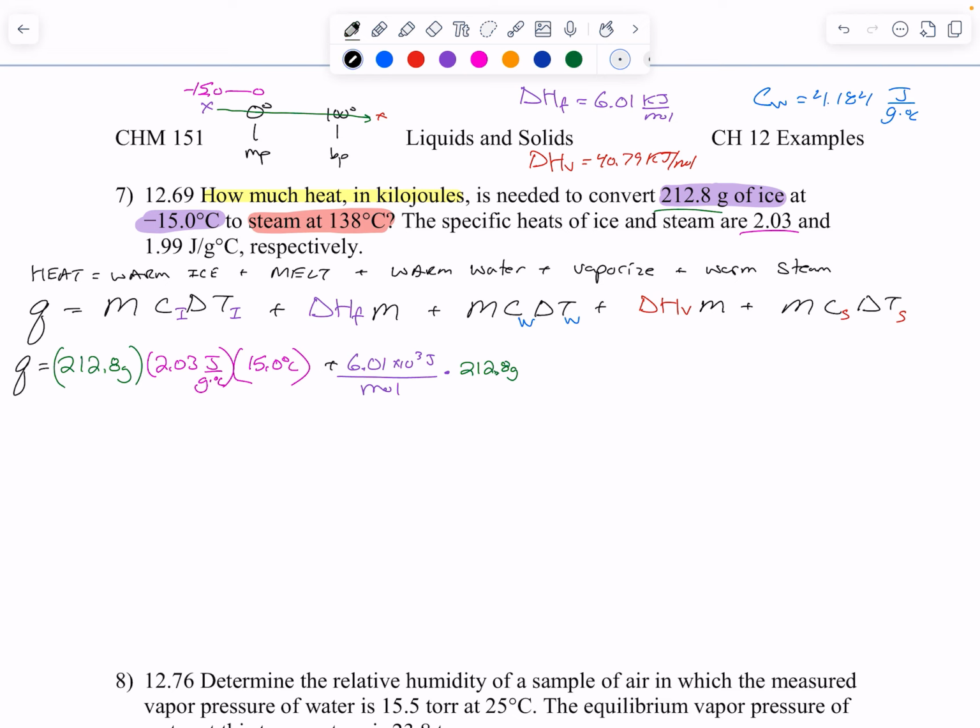I also have to multiply by 1 mole of H2O is 18.02 grams of H2O, because I've got to get my units to work out. The mass is still 212.8, but now we're in water: 4.184 joules per gram degrees Celsius, and it goes from 0 to 100, so 100 degrees.